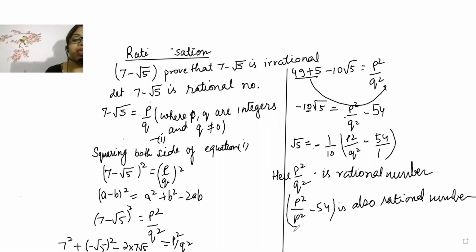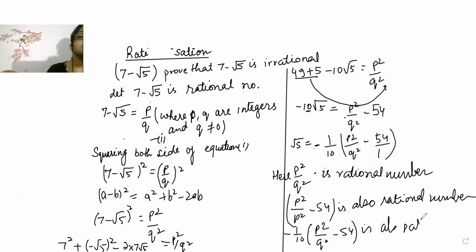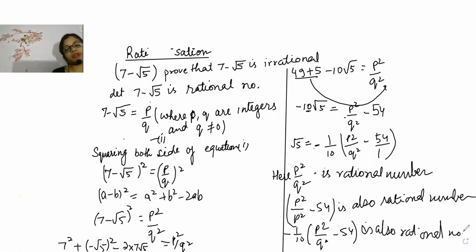Now if we multiply it with minus 1 by 10 also, it will be rational. So this one is also rational. This one is also a rational number. Now beta, LHS and RHS, are they?